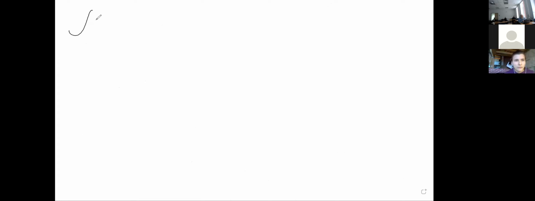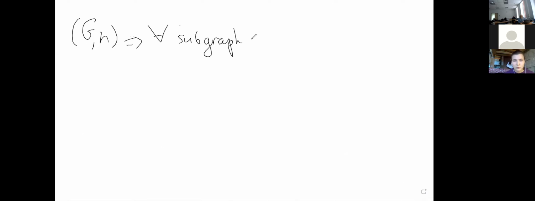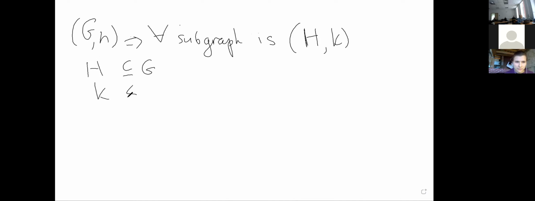If we have a graph Gn, then any subgraph of Gn is of the form Hk, where H is a subgraph of G and k is less than or equal to n.